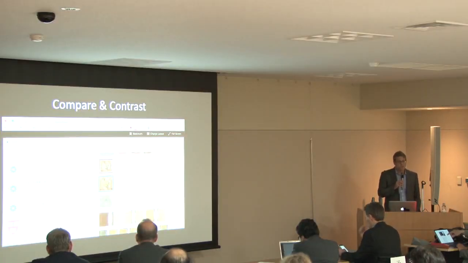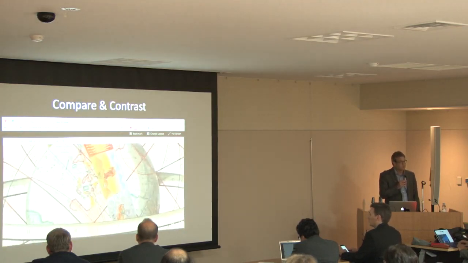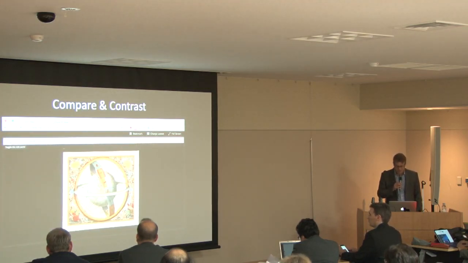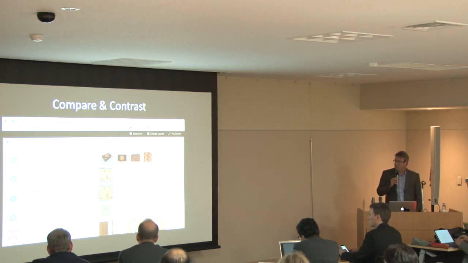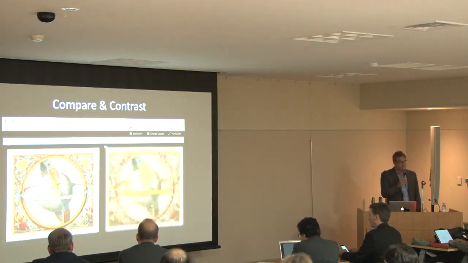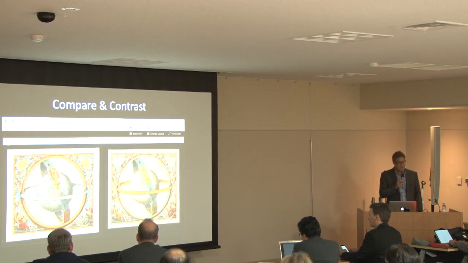The major innovation of Mirador that distinguishes it from other viewers is the ability to compare images in the same workspace. So you can see here the ability to open multiple images of celestial maps, the first two from Stanford University, and zoom and pan and compare the details.